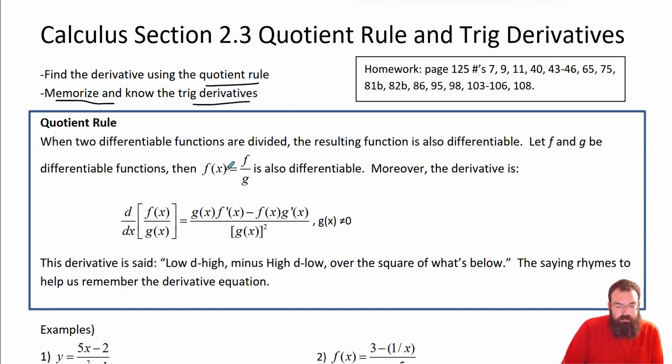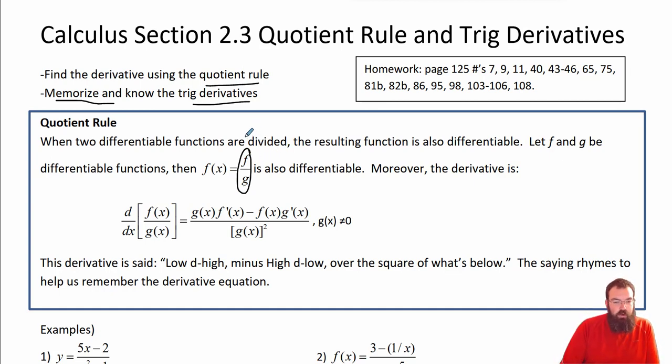So the quotient rule, which we already know from last year, we know how to find it, but really we got to make sure we understand what it means. It says when two differentiable functions are divided, the resulting function is also differentiable. So if I'm dividing two functions, f divided by g, those are differentiable, which makes the whole function differentiable. Since they're individually differentiable, it makes the full function differentiable when they're divided.